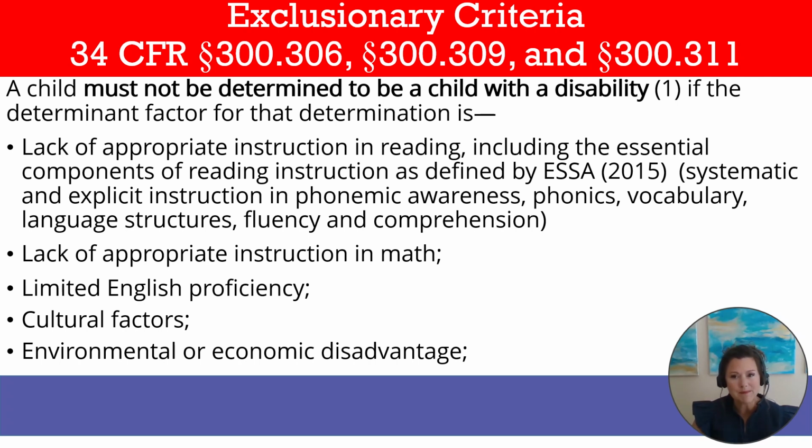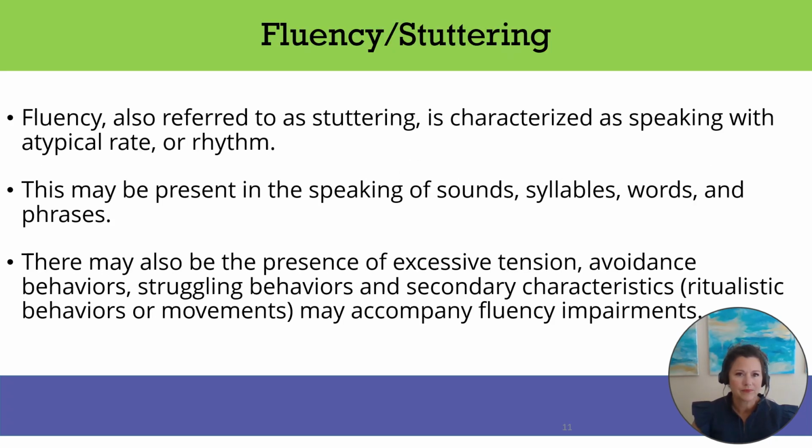This includes systematic and essential components of reading, meaning explicit and systematic instruction in phonemic awareness, phonics, vocabulary, fluency, and comprehension, as well as lack of instruction in math, limited English proficiency, cultural factors, and environmental or economic disadvantage. Again, we need to collect data to make sure we're not doing that, because lack of instruction, being poor, or speaking another language, that is not a disability.